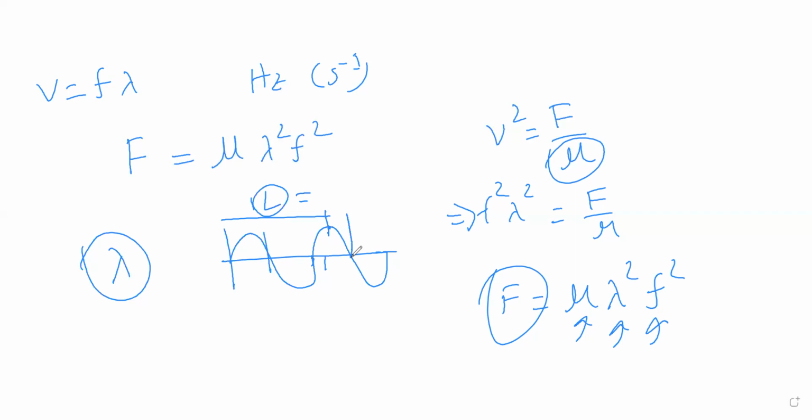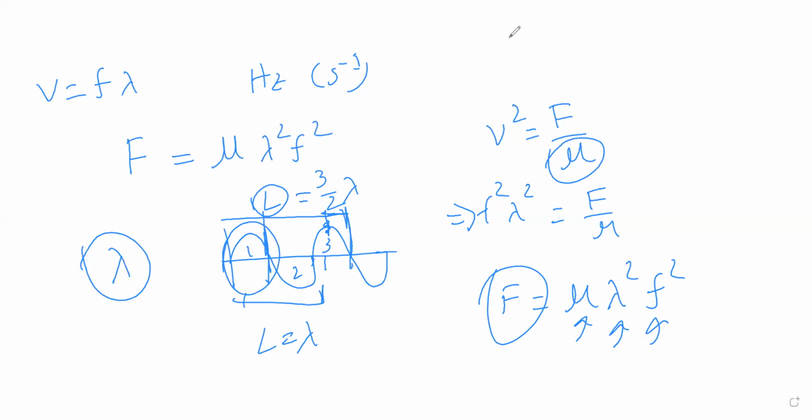Suppose up to this, what is this? 1 lambda, 2 half lambda, 3 half lambda. So 3 half lambda. Now if we take this segment, then L equals lambda only, 1 lambda. If we use only this segment L, then it will be half lambda. So it depends on the number of segments we are using.